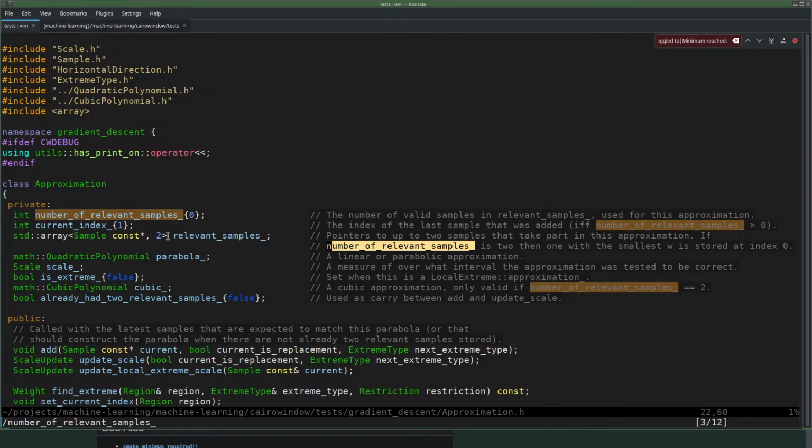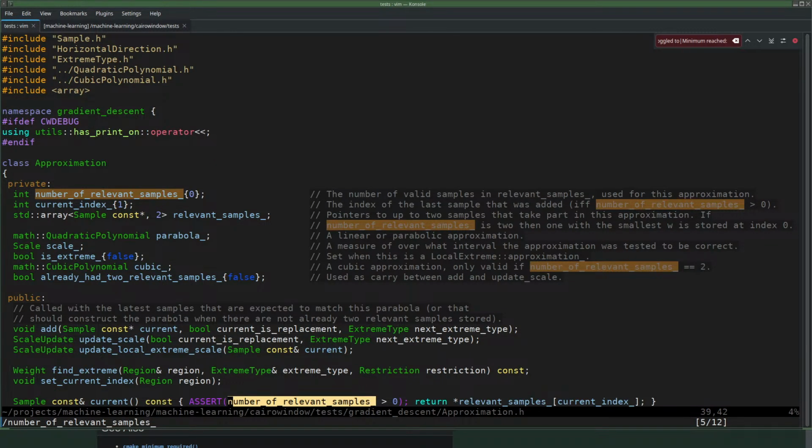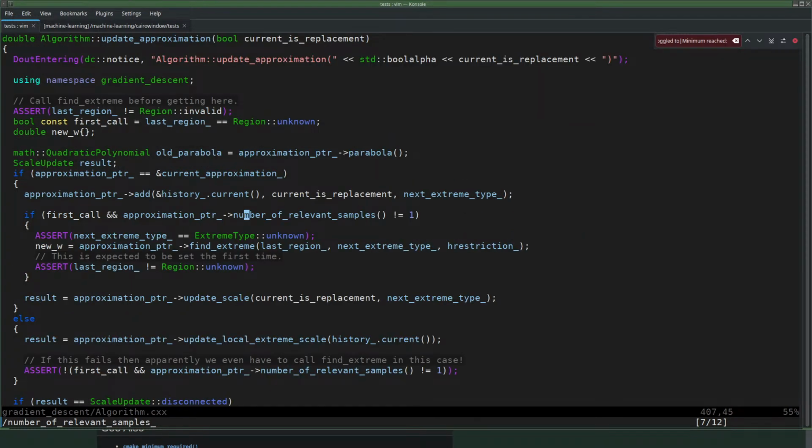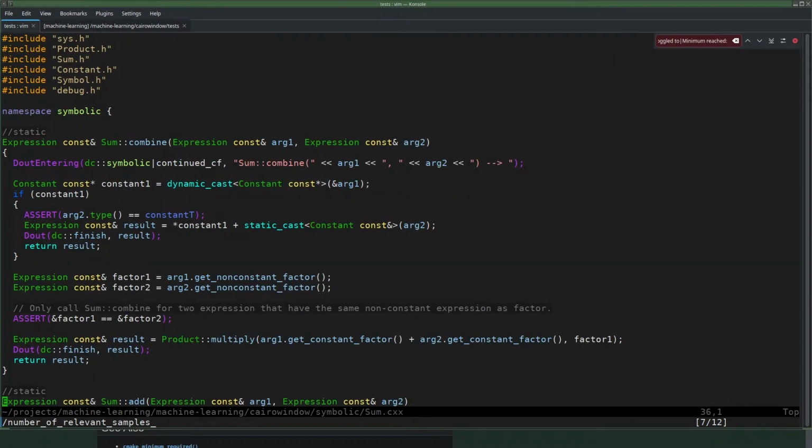So it can only be 0, 1 or 2, and the cubic approximation is only valid if you have 2. It's 0 after reset. And I think this increments it. Approximation add.